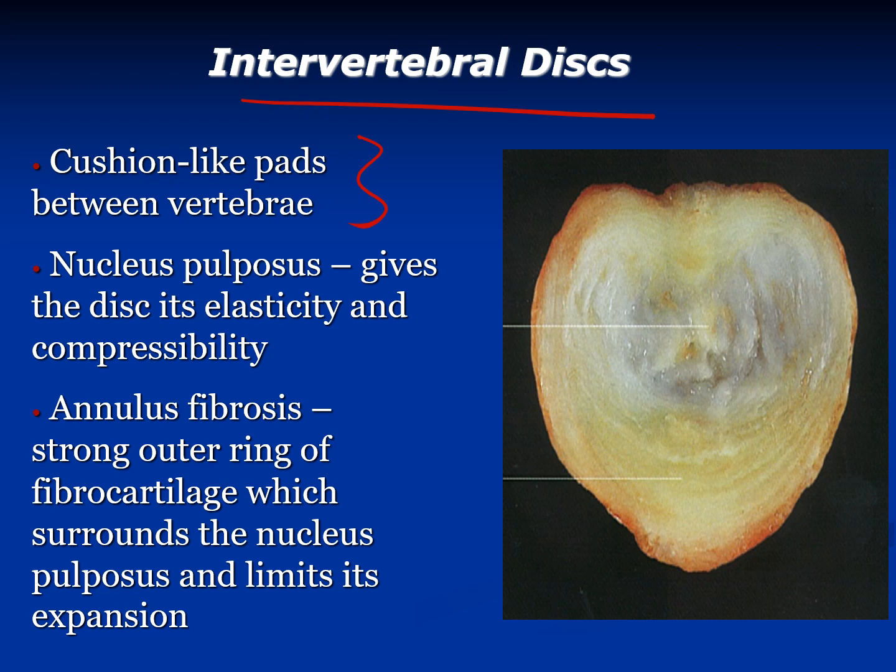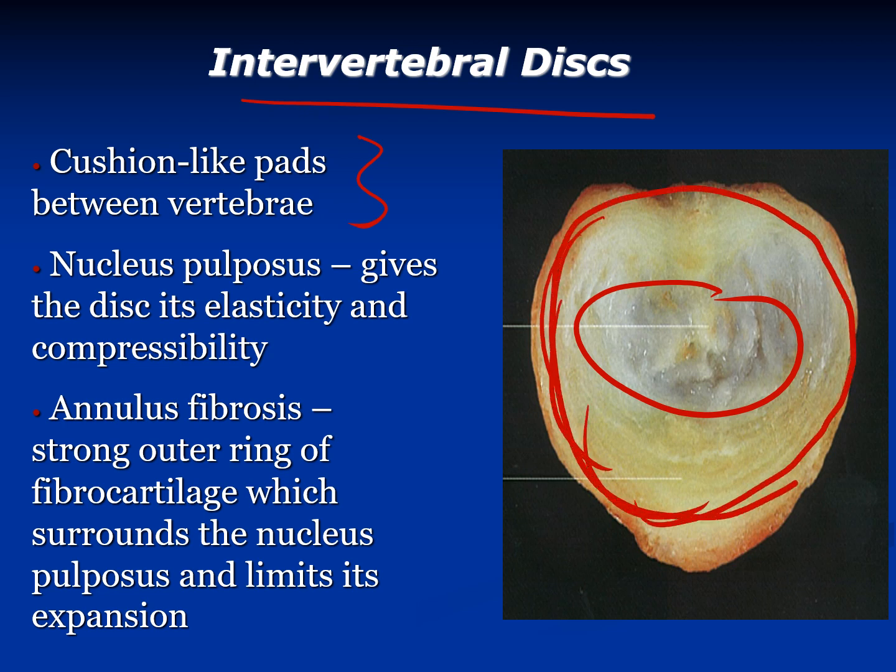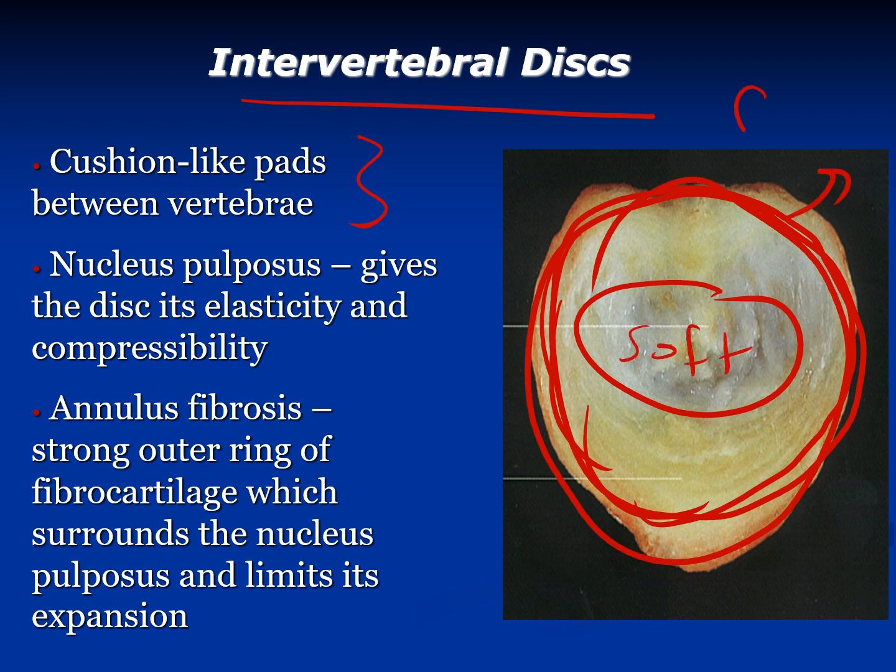Usually it consists of a central soft tissue, and in the periphery we have fibrous tissue, like a ring of fibrous tissue. So this is the soft tissue, and this is the fibrous ring. Usually they consist of fibrocartilaginous connective tissue.